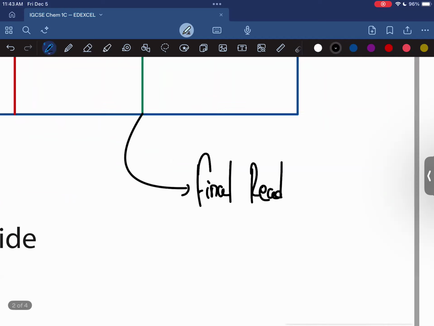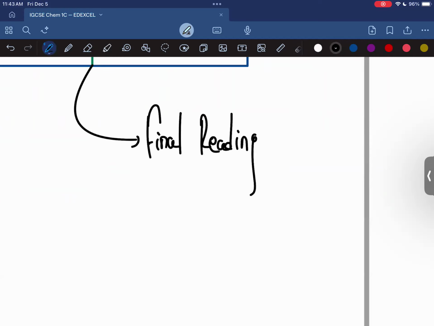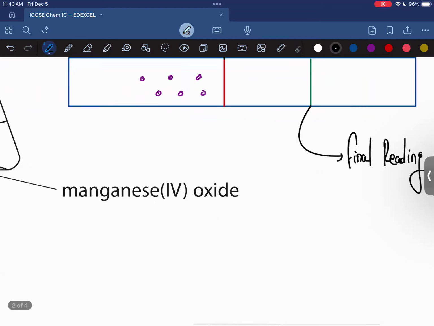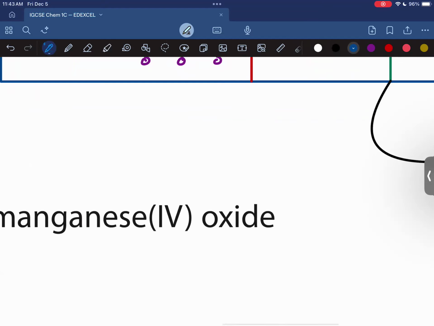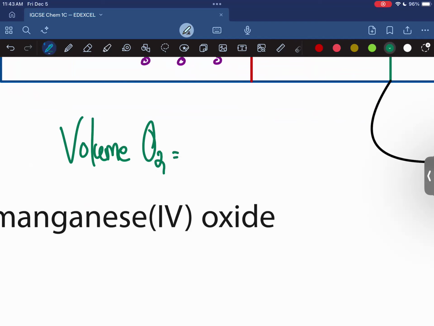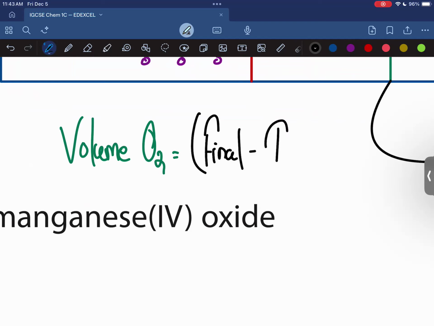The volume of oxygen is going to be equivalent to the final minus the initial reading.